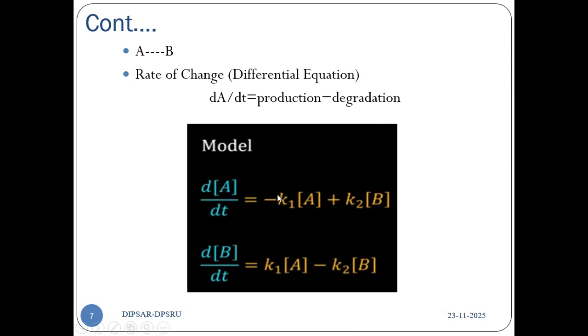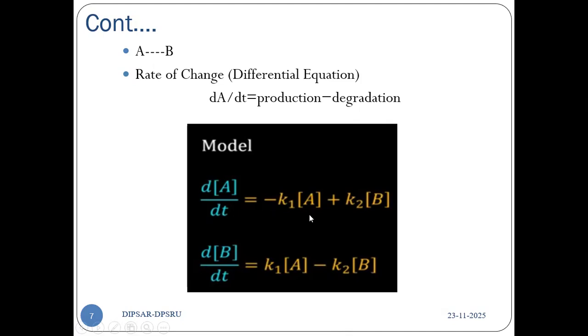This negative sign represents that the concentration decreases when A is converting into B, for example when A protein activates B protein.